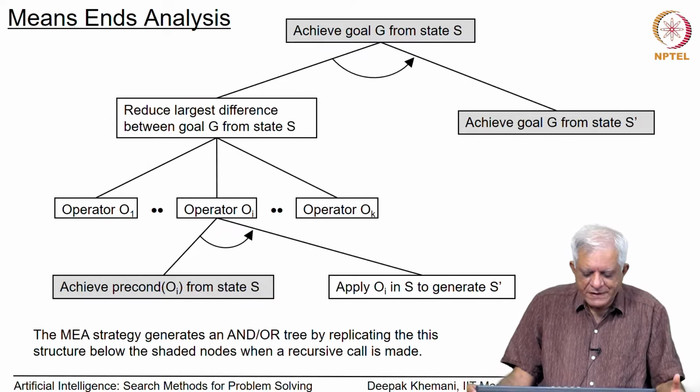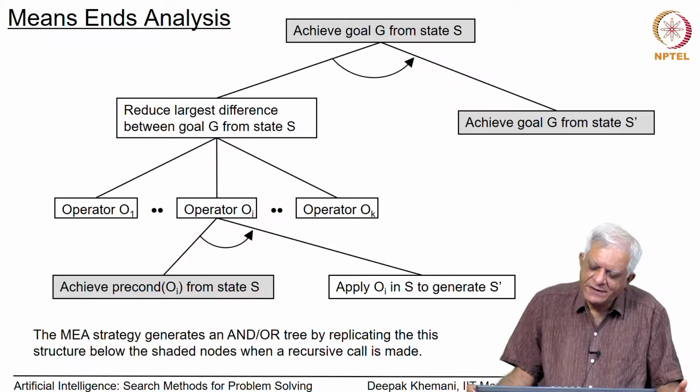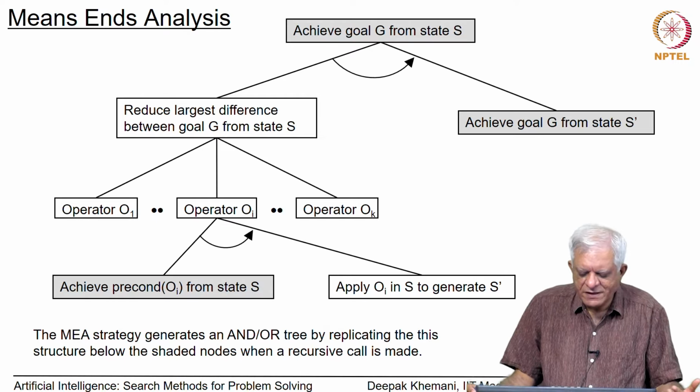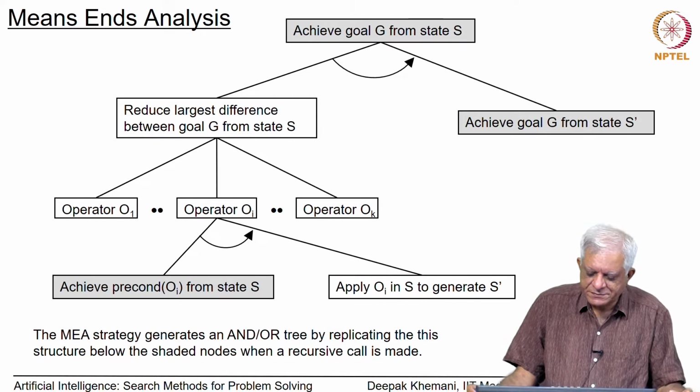So, essentially means-ends analysis breaks down your problem solving into an AND-OR tree. It is goal based reasoning, a little bit like goal stack planning, but a little more explicitly recursive here.